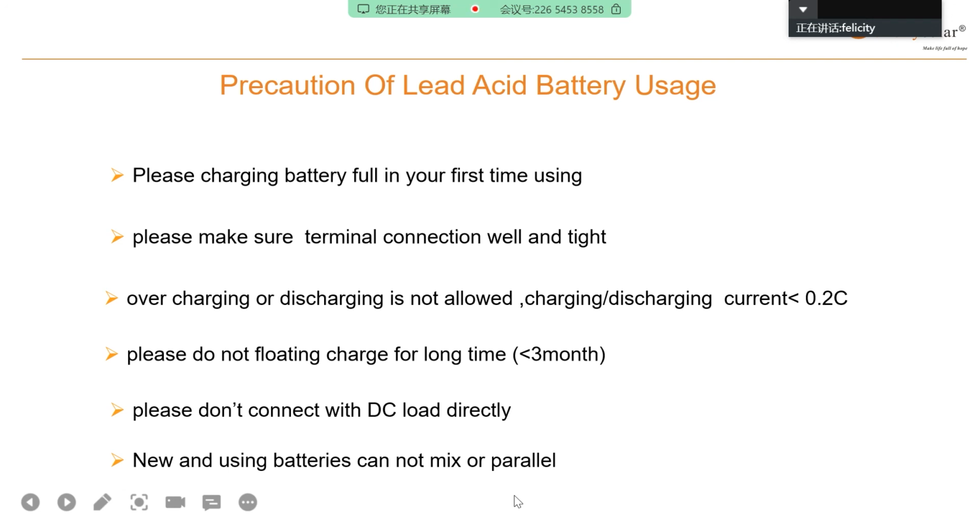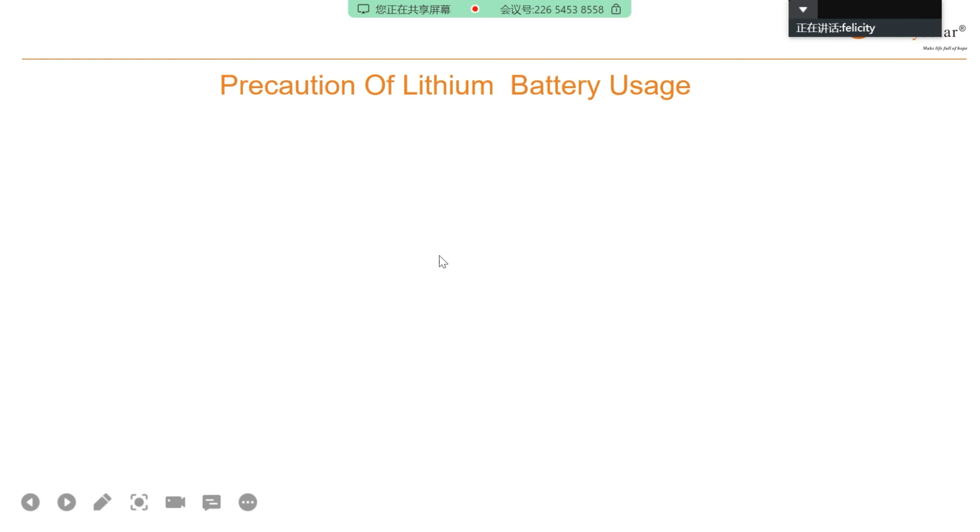Okay, and precautions of lithium battery usage. First one, please refer to the manual when you install the batteries. Because the lithium battery is a little different from the lead acid battery, especially if you have more than 2 pieces, like 2 pieces, 3 pieces or even more, you have to connect the communication cable.